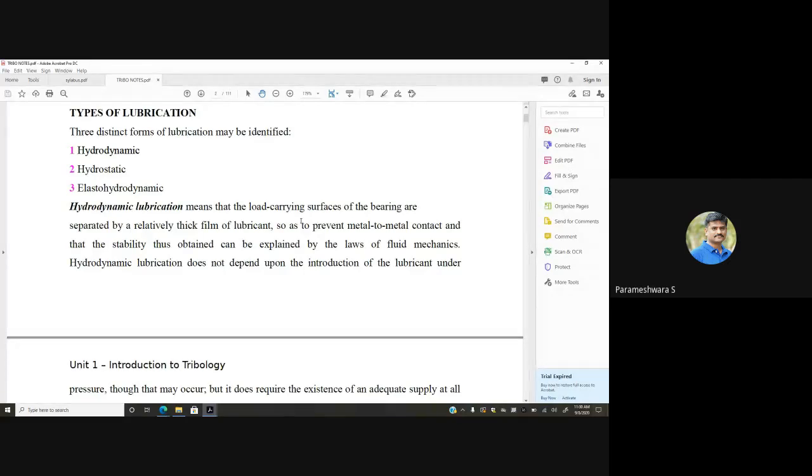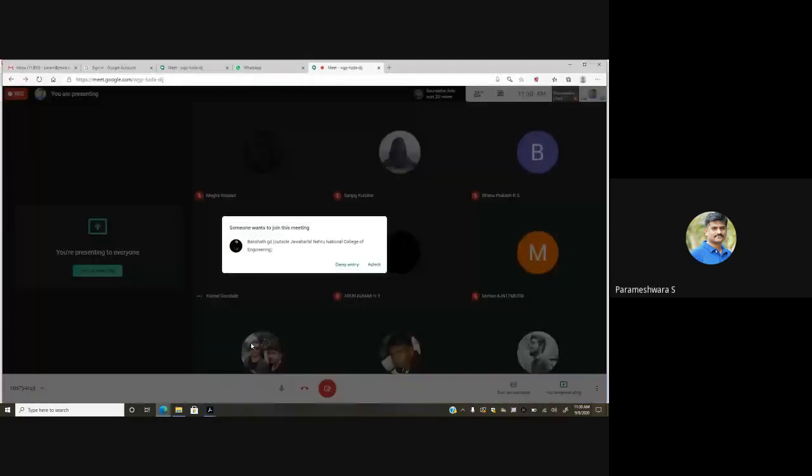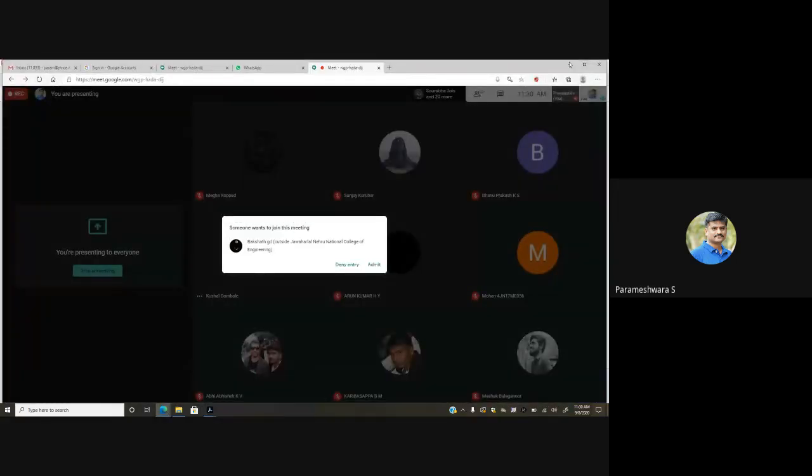When the journal starts rotating at some RPM, some kind of hydrodynamic action takes place between the shaft and the bearing block, and that action is sufficient to lift the journal, which rotates at higher RPM. This kind of lubrication is called hydrodynamic lubrication.